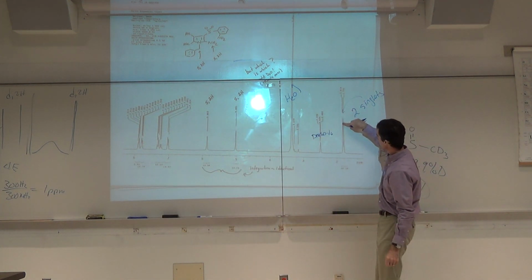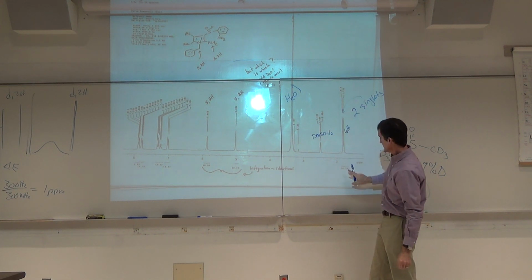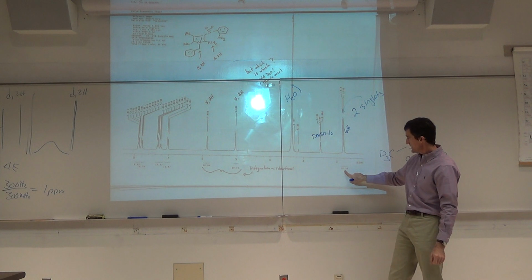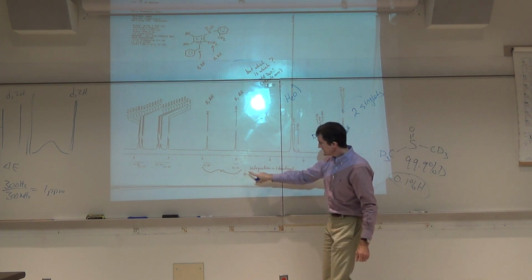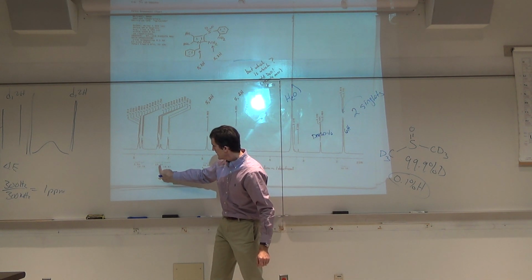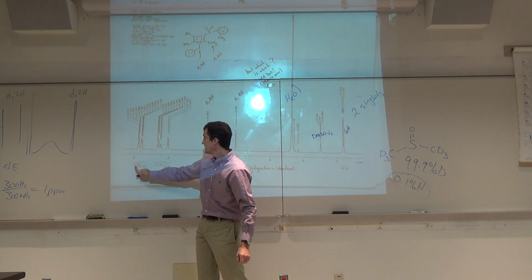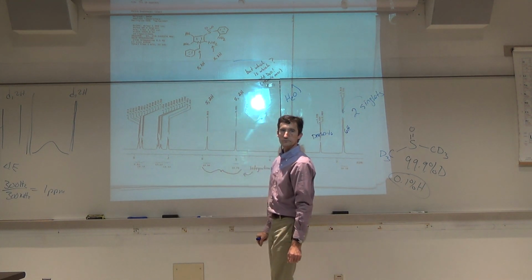How many H's is this? 6H total. So that means each H is how much? 5. That means that's 2, that's 2, that's 2. How many is that? Probably 3, 2, what is that? 2.